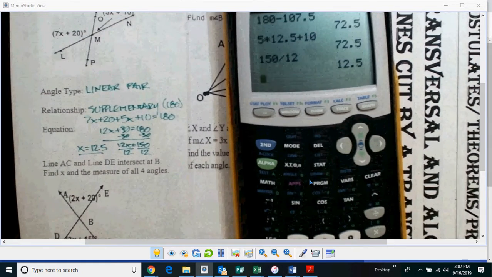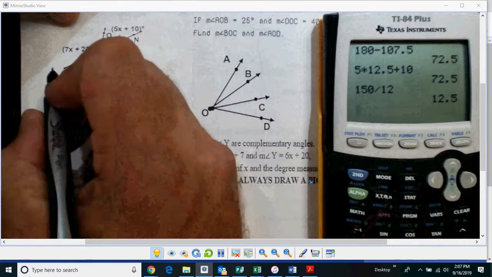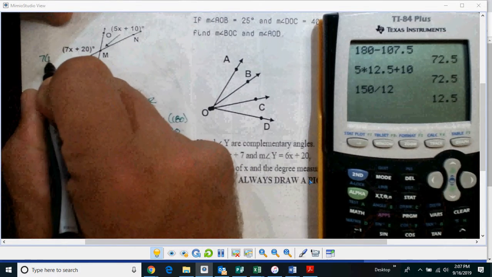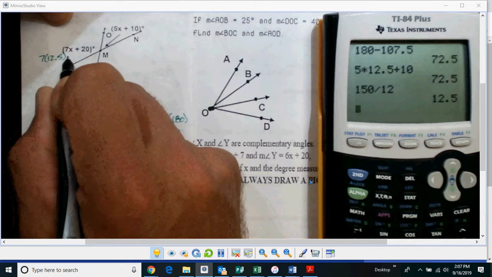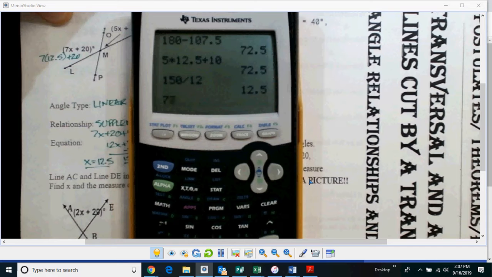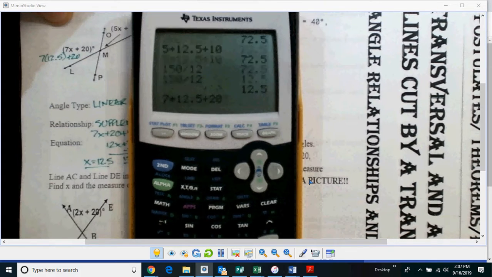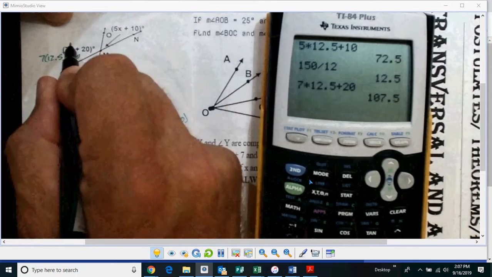If x is 12.5, then I'm just going to plug it back in up here. So I'm going to say 7 times 12.5 plus 20. That gives me 107.5.